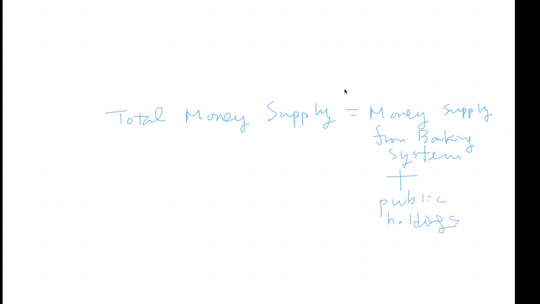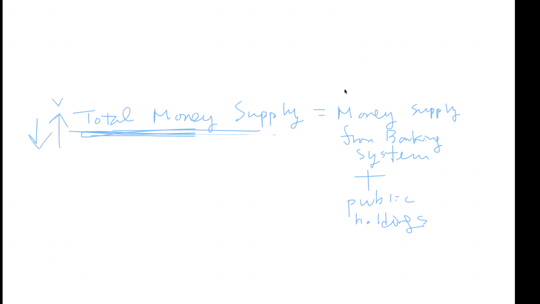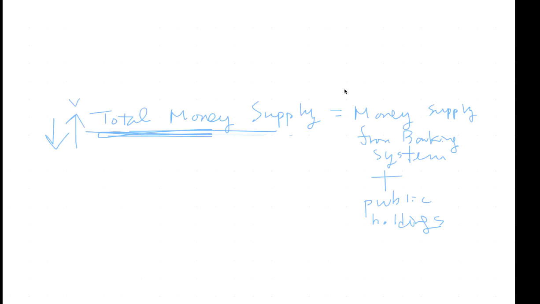This is total money supply. This actually Federal Reserve changed, right? Changed this to control interest rate. So they want to sometimes increase or decrease this money supply. If Federal Reserve wants to change this, they have to fix this money supply from banking system.